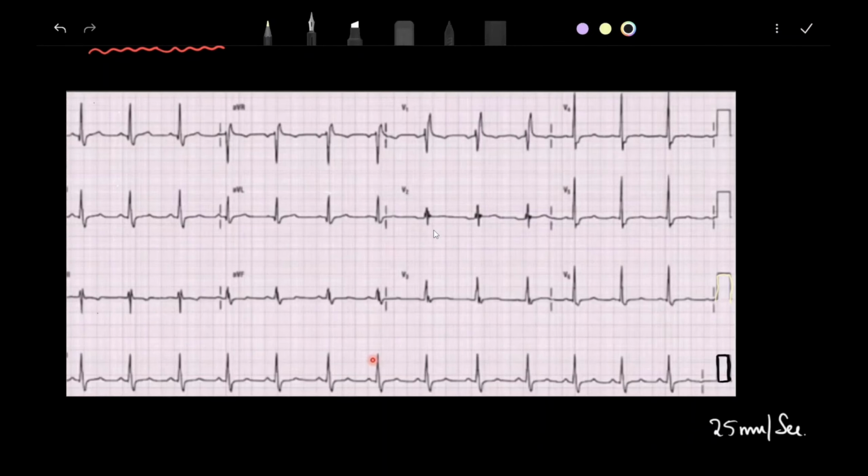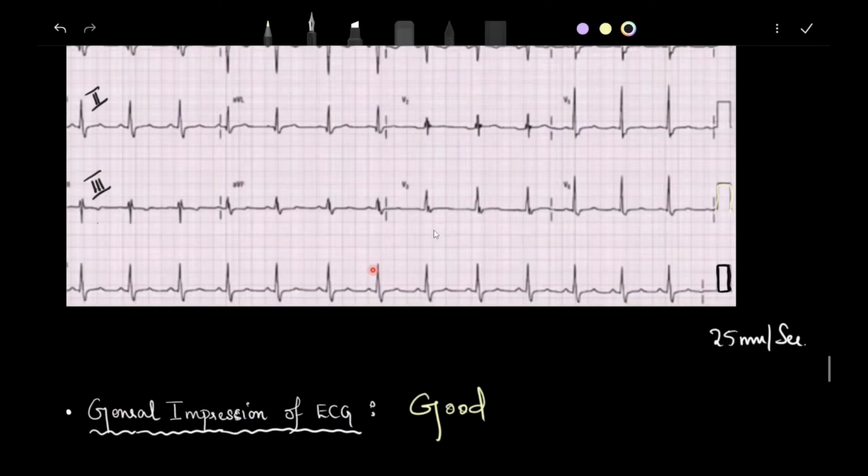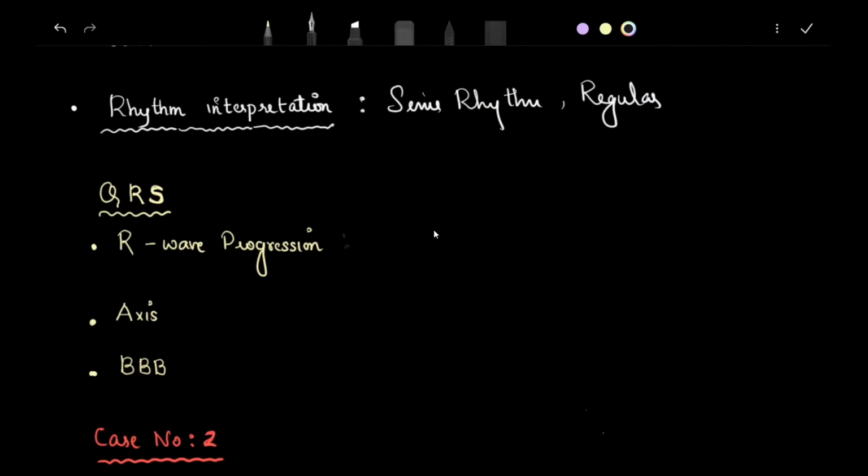Lead 3 is negatively deflected, all other leads are positively deflected. Then you see the V1 lead. In V1 lead, it should be mostly negatively deflected, but here it is a bit positively deflected. So the R wave progression is very poor.